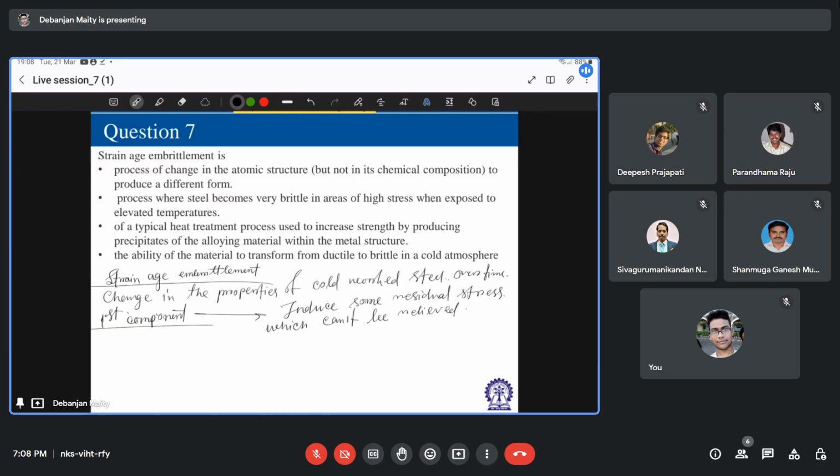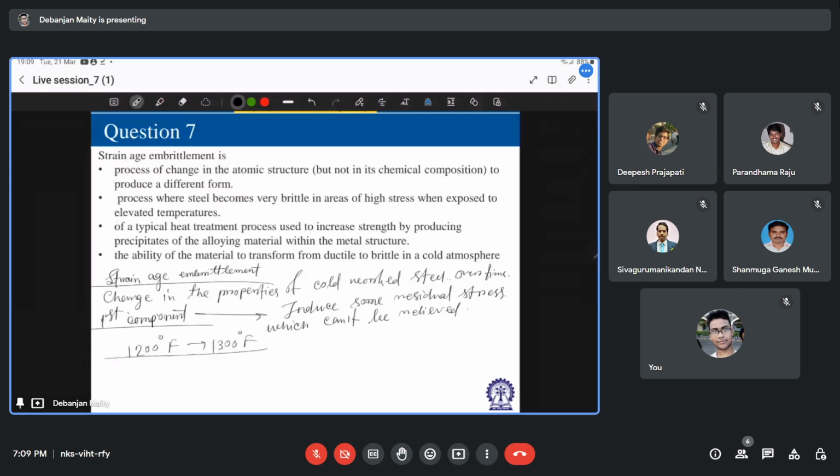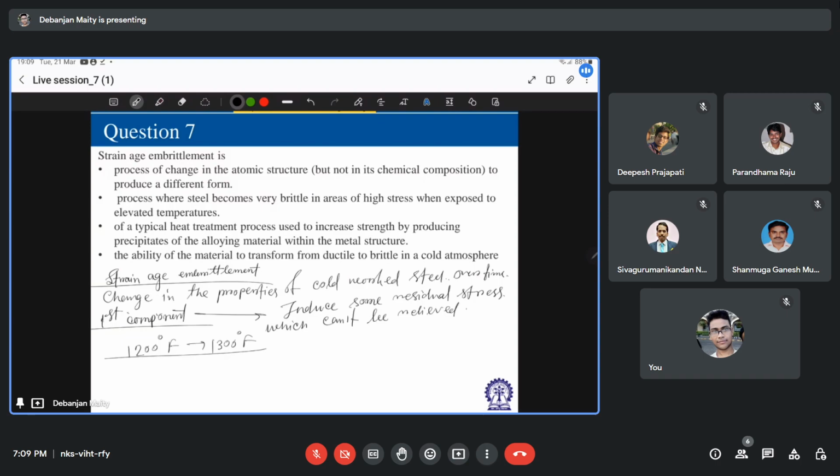If it is necessary to cold work the steel, relieving the stresses induced from cold working can be accomplished by heating the steel to maybe somewhere around 1200 degrees Fahrenheit to 1300 degrees Fahrenheit. I'm not sure. So you're basically annealing it, right?